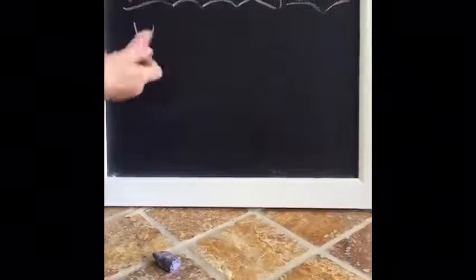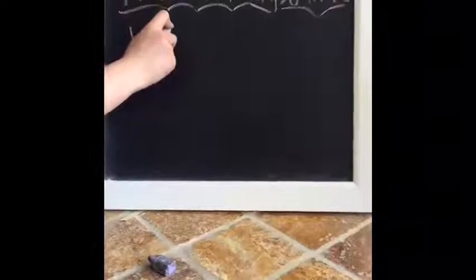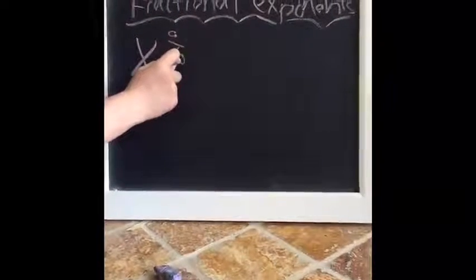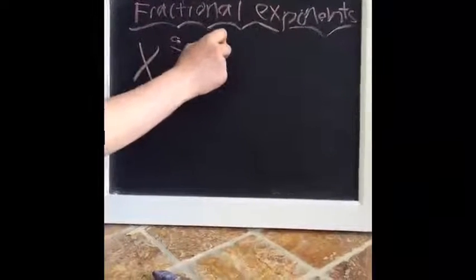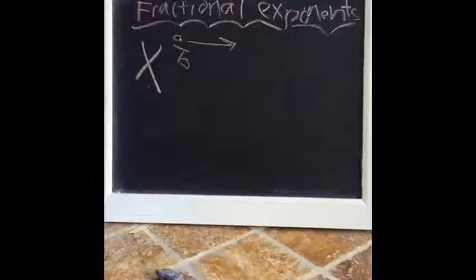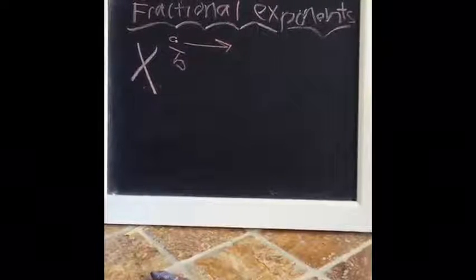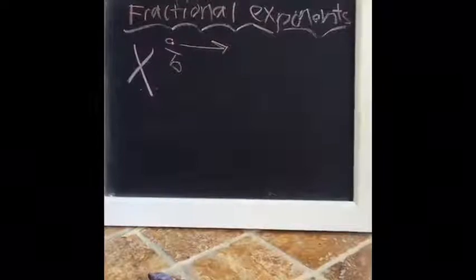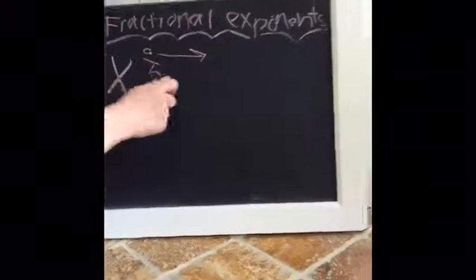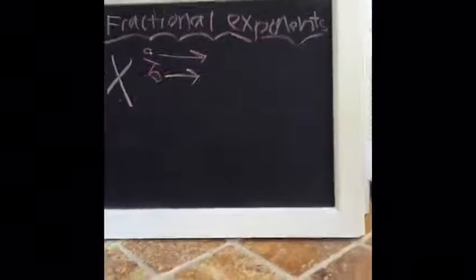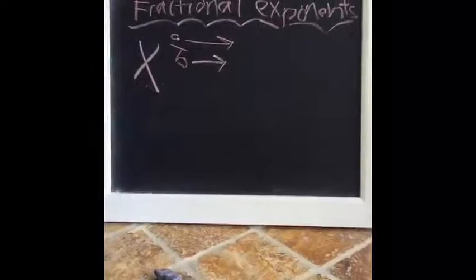Next, I will explain how to simplify equations with fractional and negative exponents. When you have a fractional exponent, so if you had x to the a over b, for the numerator, which in this case is a, you want to raise the base to the ath power. And for the denominator of the fraction, which in this case would be b, you want to take the bth root of the base.